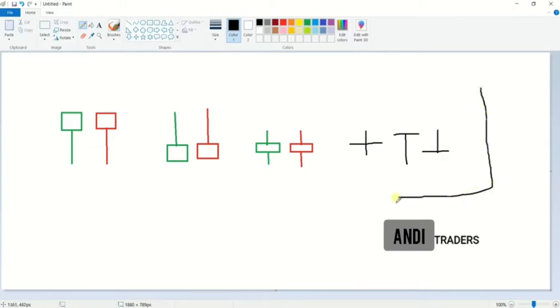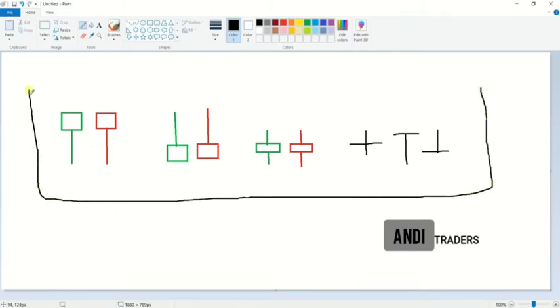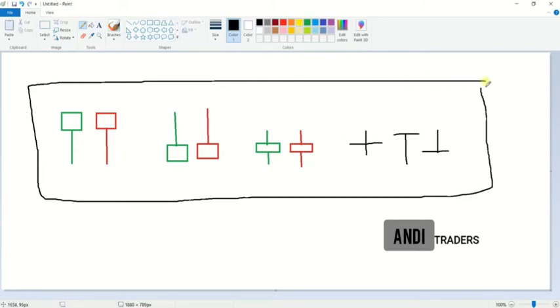So these 9 candlesticks are so important in the market. For these 9 candlesticks, there is no difference between colors. The color is not important. So how can we use these candles in the market?